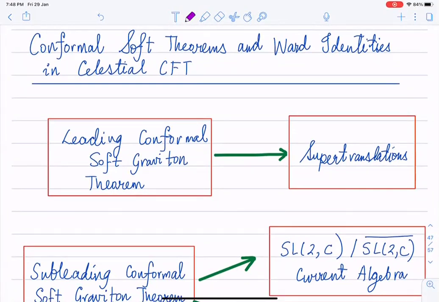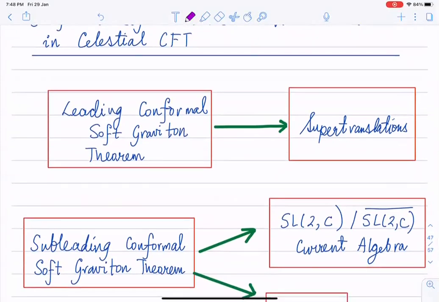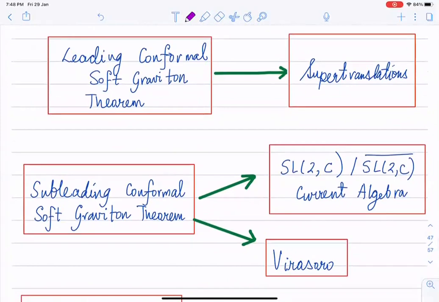For example, the leading conformal soft graviton theorem is a Ward identity for supertranslations. From the subleading conformal soft graviton theorem, you can get two sorts of symmetry algebras depending on what you do. Either you get an SL(2,C bar) current algebra or you get an SL(2,C) current algebra.